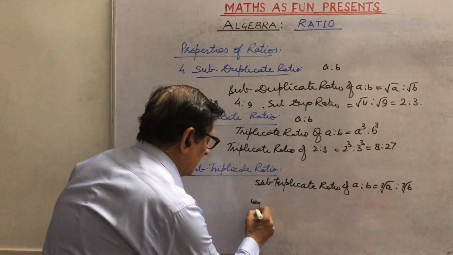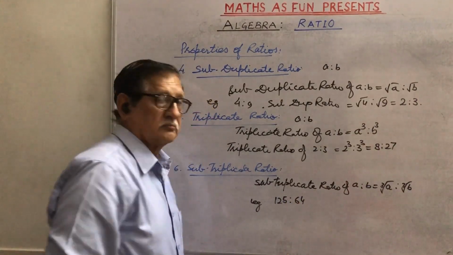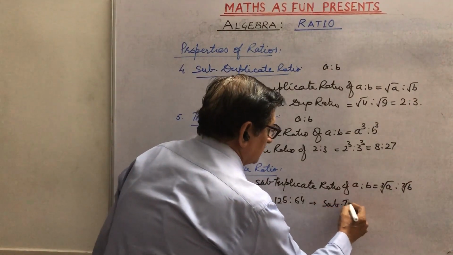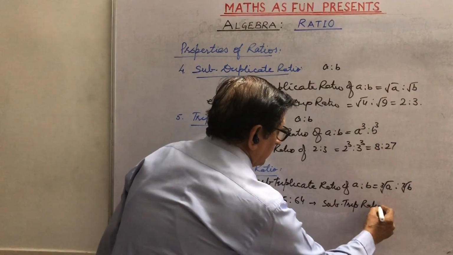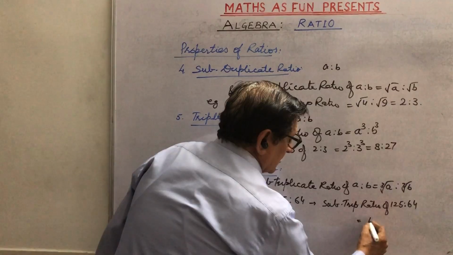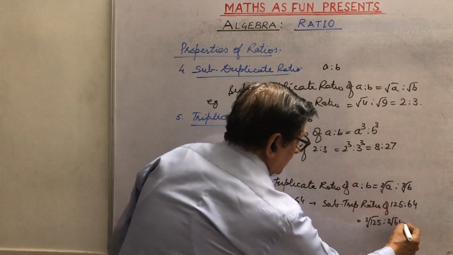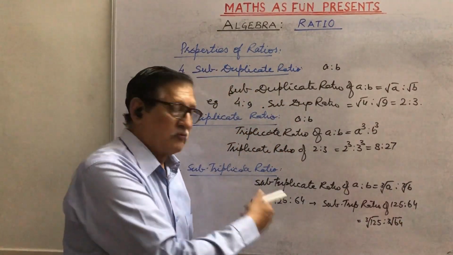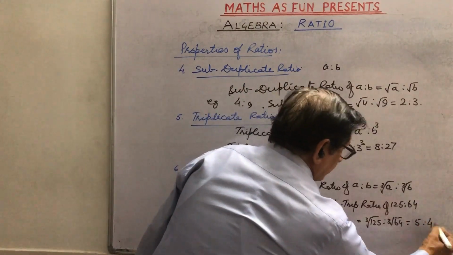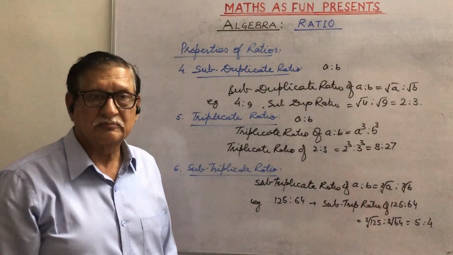For example, suppose we have 125 is to 64 and we want to find out the subtriplicate ratio. It will be cube root of 125 is to cube root of 64. We know the cube root of 125 is 5 and that of 64 is 4. So the subtriplicate ratio is 5 is to 4.